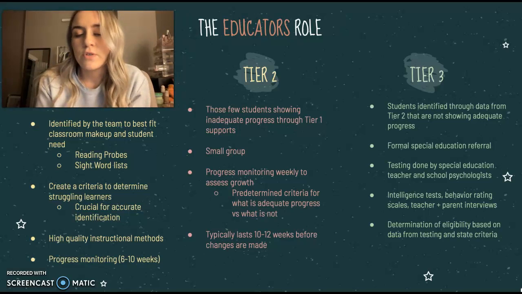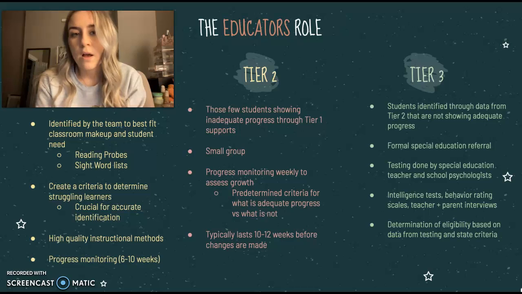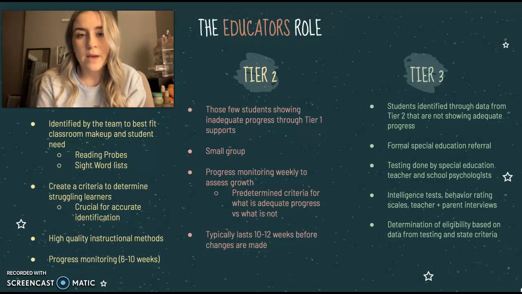Tier 3 intervention would be for students that are not showing adequate progress from Tier 2 supports. Normally that would then trigger a formal special education referral, and then require parent consent before that process really goes forward. This testing is done by trained special education staff and school psychologists. Some of these assessments that are administered are intelligence tests, behavior rating scales, teacher-parent interviews, and observations done by special education staff.